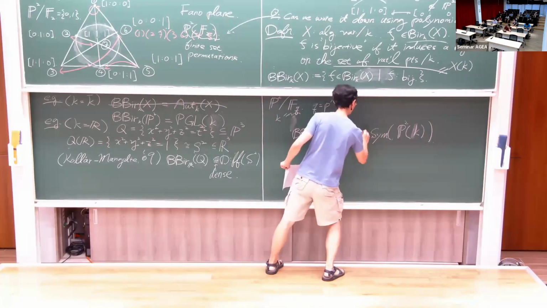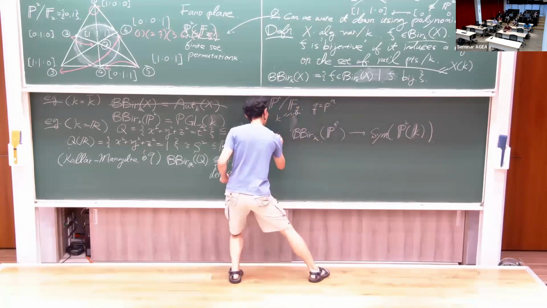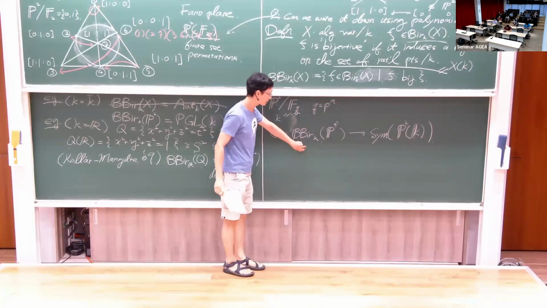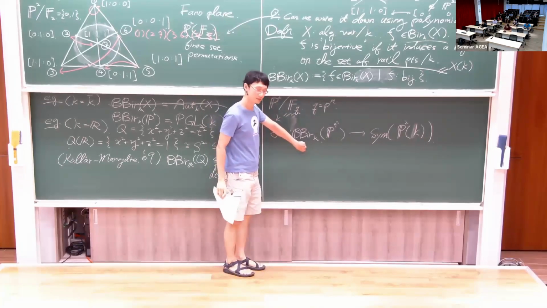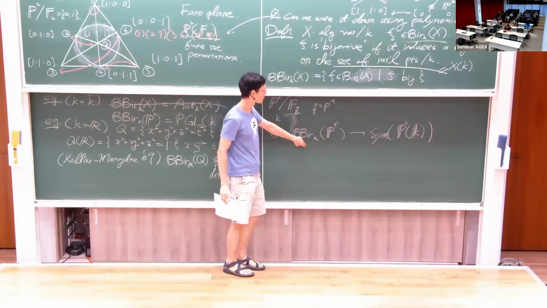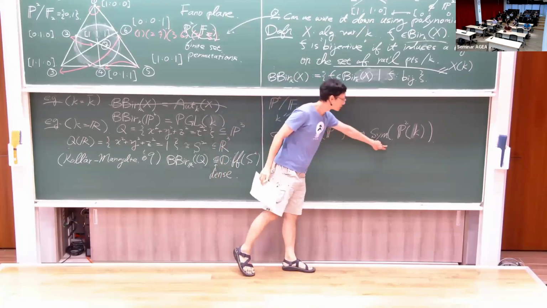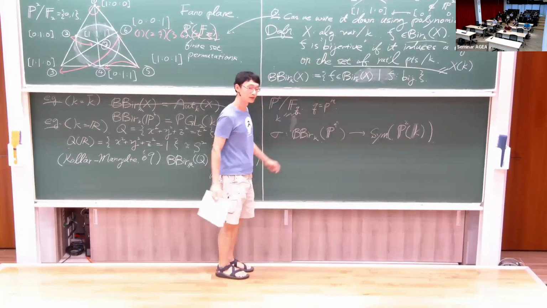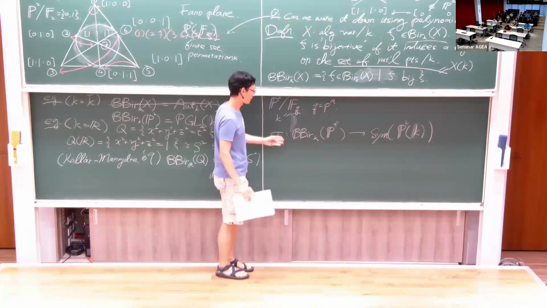So we have a group homomorphism. Let me denote it as sigma, which maps a bijective birational automorphism on P2 to the permutation it induced on the K-rational points. Okay, so we have this group homomorphism.